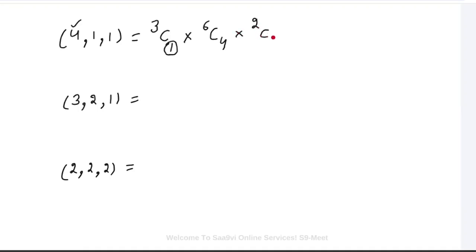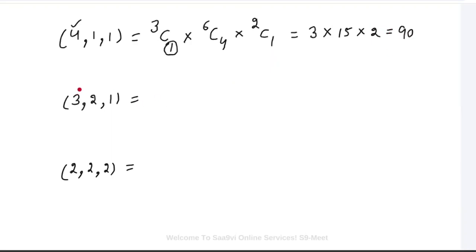Then out of 2 we can choose 1, and the last one is only 1, so nothing needs to be counted. So we have 3 factorial by 2 factorial into 1 factorial, that is 3, multiplied by 6 factorial by 4 factorial into 2 factorial, that is 6 into 5, 30, 30 by 2, 15, multiplied by 2C1, that is 2 factorial divided by 1 factorial, that is 2. So this comes out to be 90 such functions.